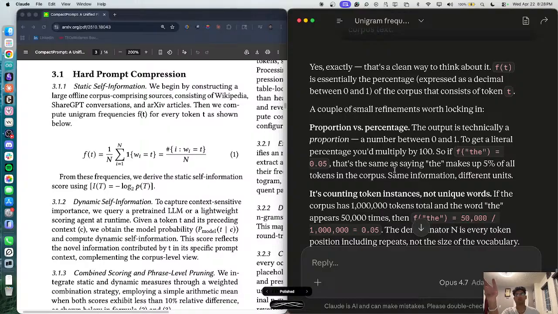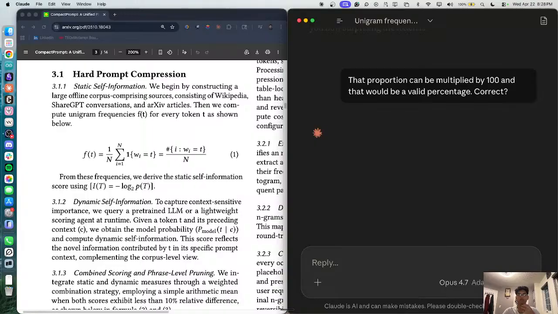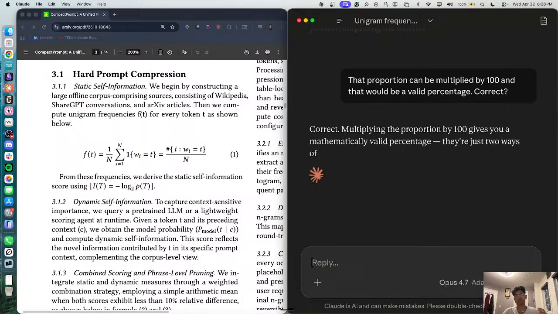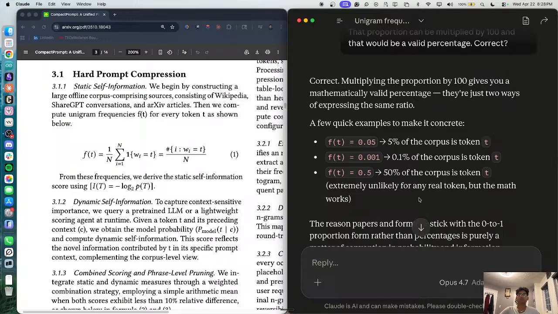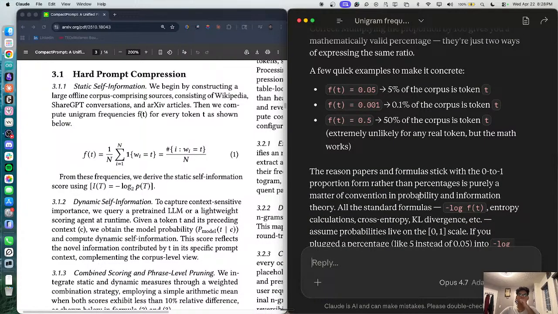Right, but that proportion can be multiplied by 100 and that would be a valid percentage, correct? I love using these voice models because they just make things so much easier. Okay, great. All right.